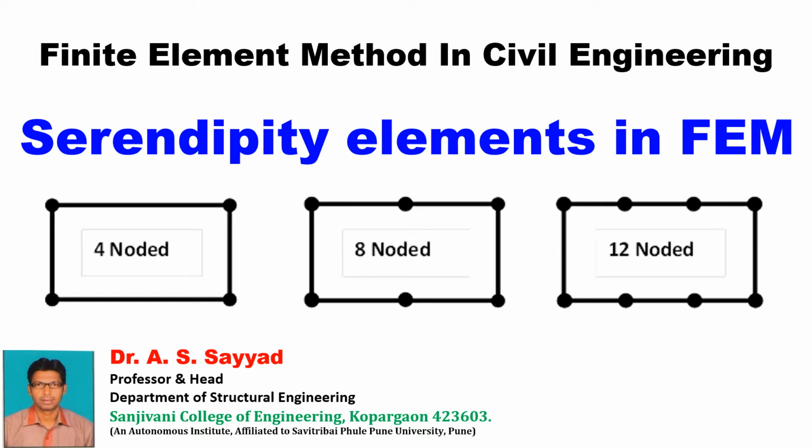The elements which contain the internal node, for example 9 noded rectangular element, are called Lagrange's family elements, and elements which do not contain internal nodes are called serendipity elements. In detail we'll see what serendipity elements are in finite element method.